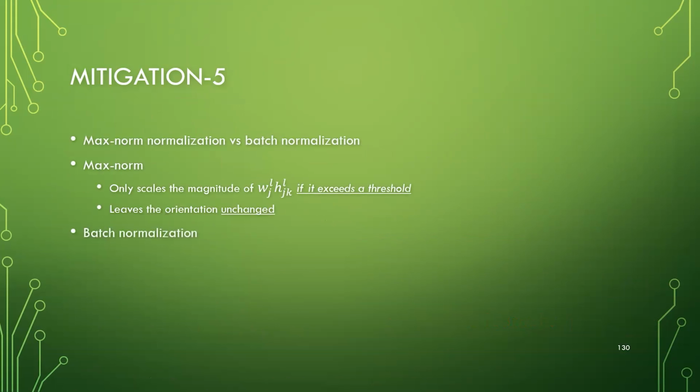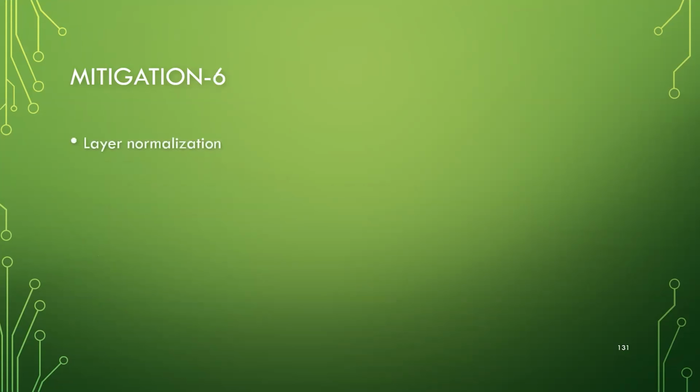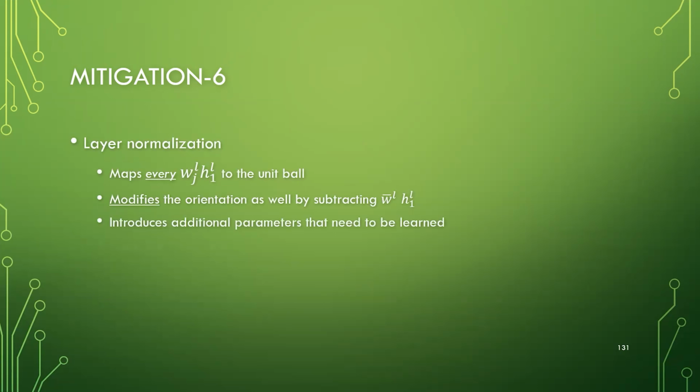Batch normalization, on the other hand, projects everything to a unit ball and changes the orientation, and you have additional gradient computations, so it becomes complicated. There is also layer normalization. It is very similar to batch normalization and also projects to a unit ball, but the orientation change is different. Again, it has complicated gradients.